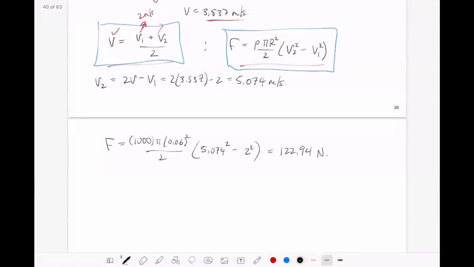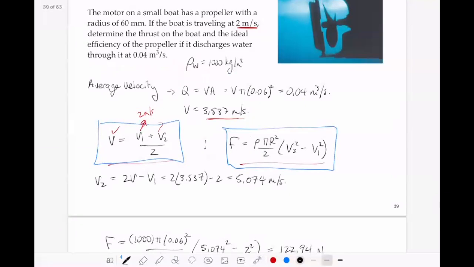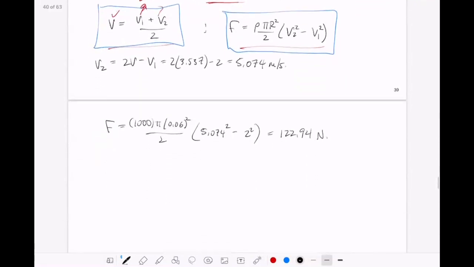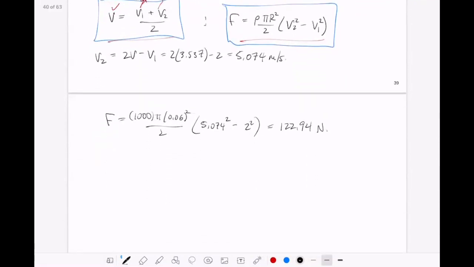So now the second part of the question is, what is the efficiency of the propeller if it discharges water at 0.04 meters cubed per second? We could calculate this two ways.